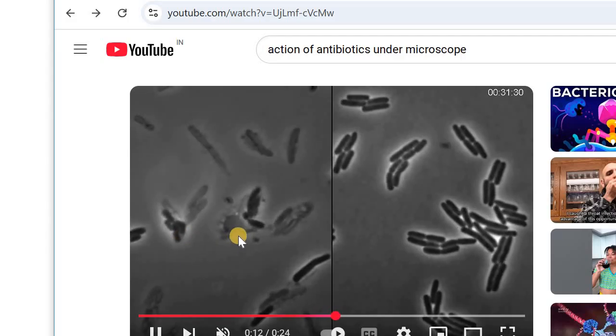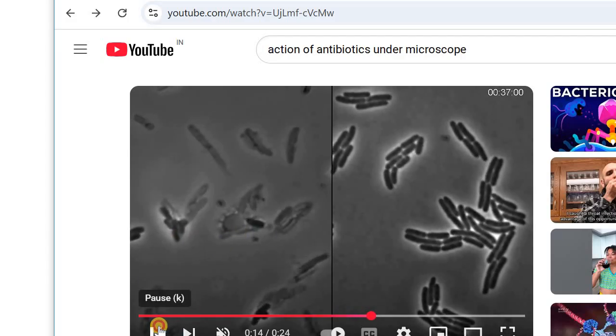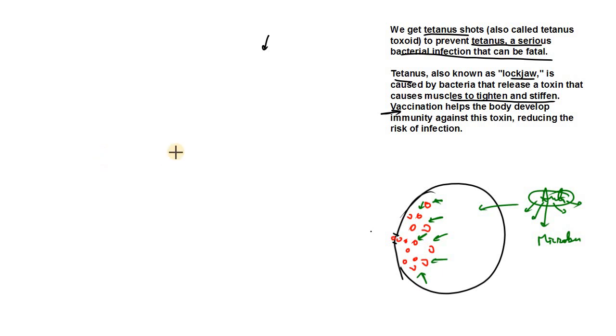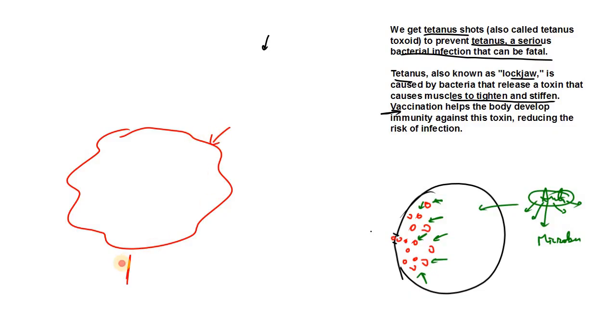Why? What is happening is that in this case, if we have a bacterial cell like this, the penicillin has caused inhibition of the cell wall.